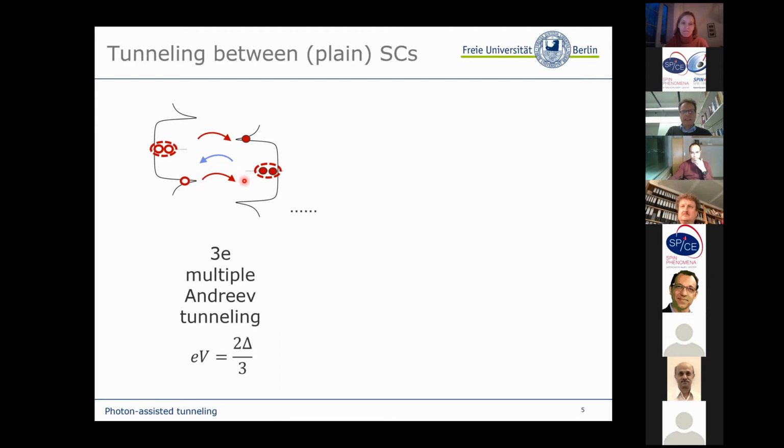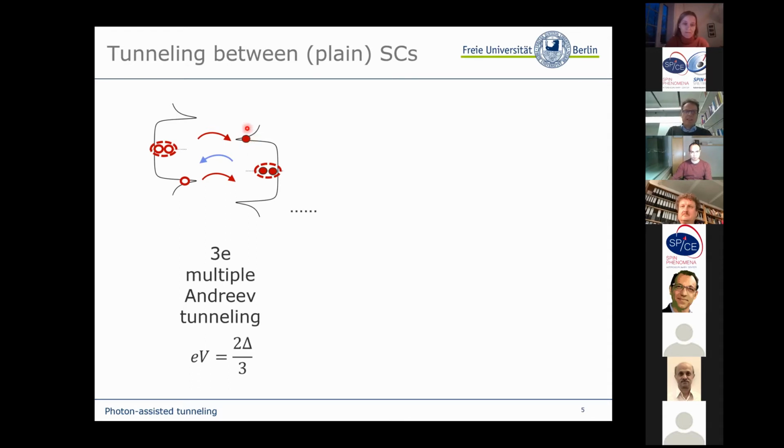Once the first electron that is tunneling across is Andreev reflected from the substrate, leaving behind a Cooper pair. So this is the Andreev reflected hole. And this hole is again Andreev reflected from the tip, eating up one Cooper pair in the tip, and then coming back as an electron and producing a quasi-particle in the substrate.